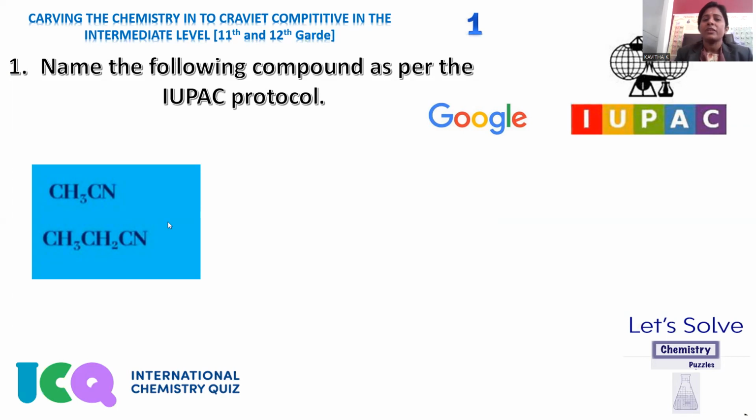That's the reason why, first of all, we have to know the general terminology and go for individual functional groups. So nitriles will be alkane nitrile. Whatever the carbon chain length, you can go with methane, ethane, propane, butane, like that, increasing the number of carbons so that naming is possible. So for the first compound, it will be ethane nitrile, and the second compound will be propane nitrile for question number 1.